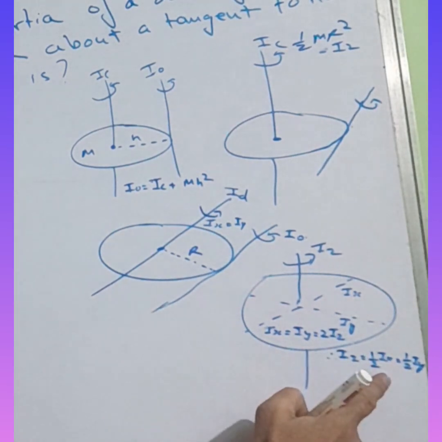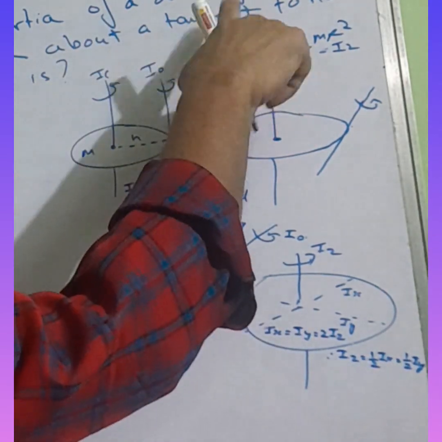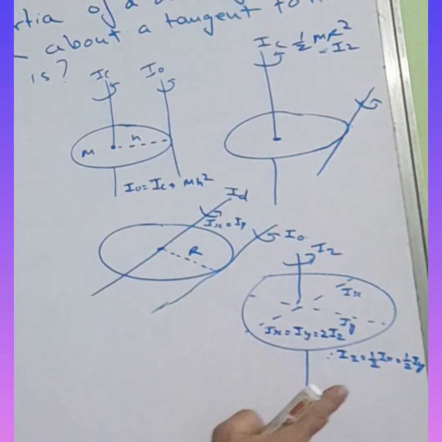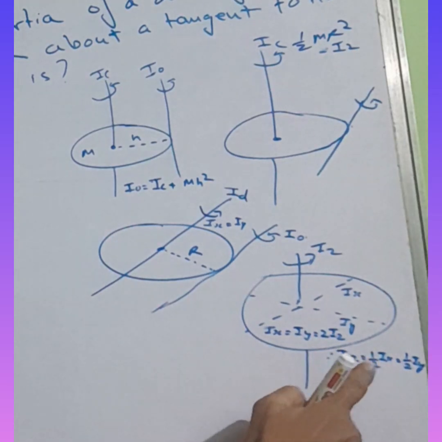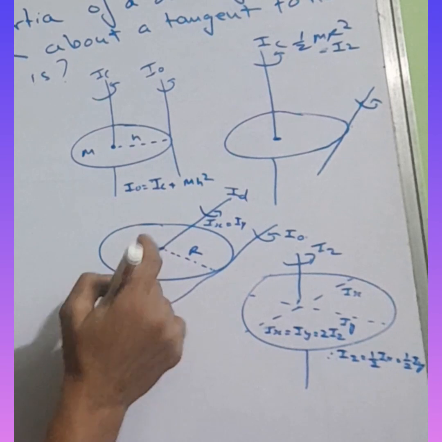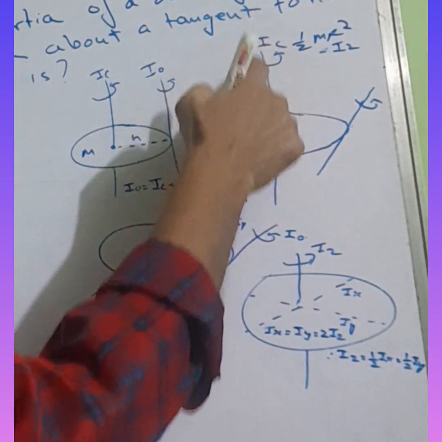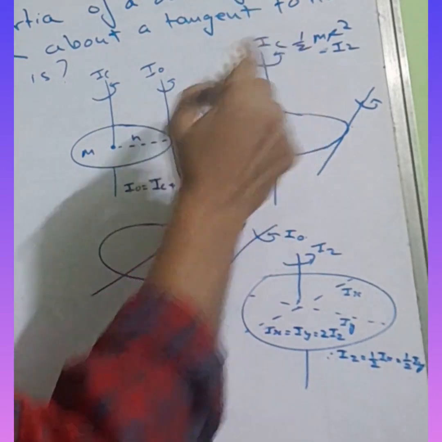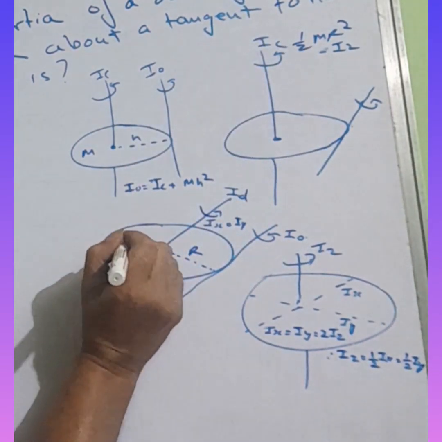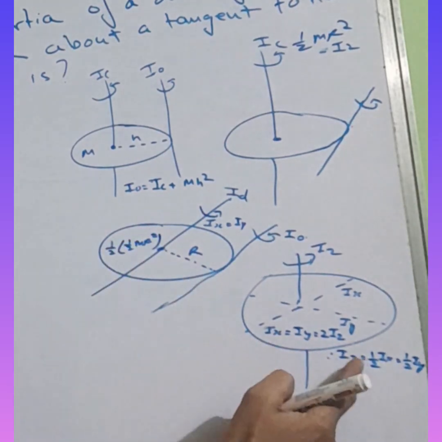So if I want to convert IZ to IX, then this is the equation: half IX is equal to half IY. So this would be half into half mr square. This was half mr square, half of that, half into half mr square, right?